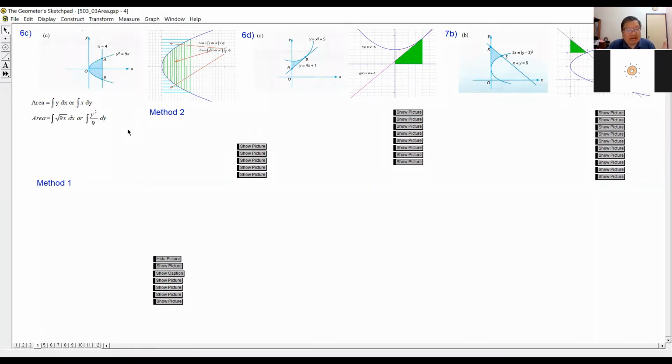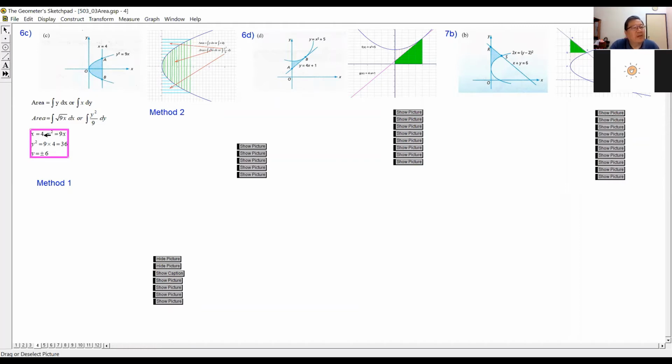That means you should integrate from where to where, right? Now the equation of the straight line is x equals 4, and the equation of the curve is y squared equals 9x. So I solve these two equations simultaneously, then I should be able to get the coordinates of a and b.